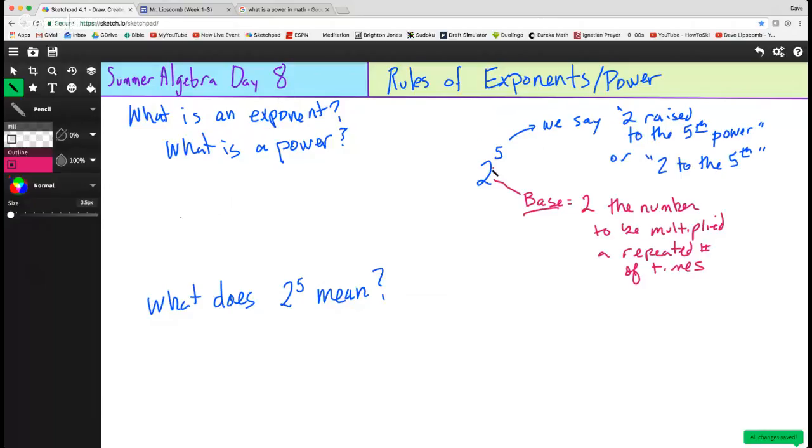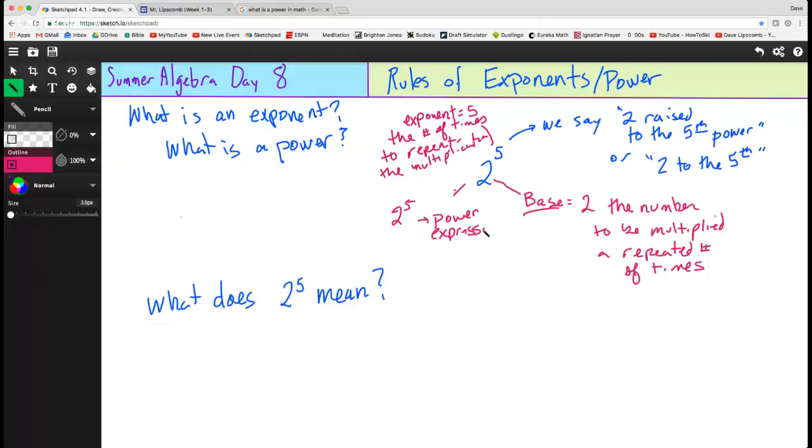So that's our base, and so that's 2. 5 is the exponent, and that's the number of times to repeat the multiplication. And then when we refer to the whole thing, 2 to the 5th, that's the power expression. So the whole thing together is the power. 2 is the base, 5 is the exponent.